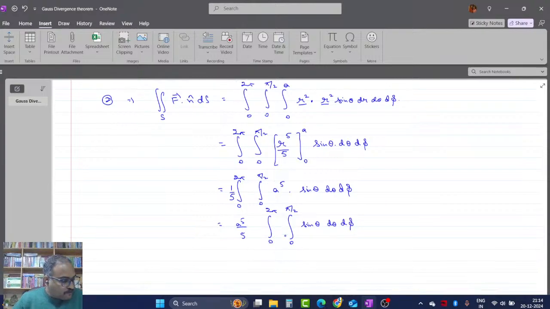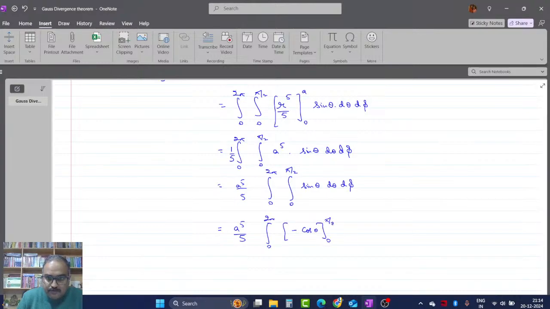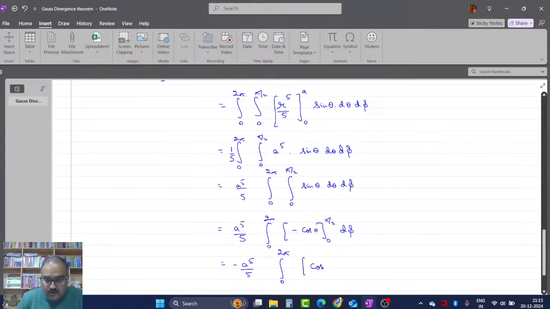Okay, now integrating this, integration of sin theta will be minus cos theta, so it will be a raised to 5 by 5, 0 to 2 pi, minus cos theta within the limits 0 to pi by 2 and d phi. That is minus a raised to 5 over 5, 0 to 2 pi, cos of pi by 2 minus cos of 0 into d phi.